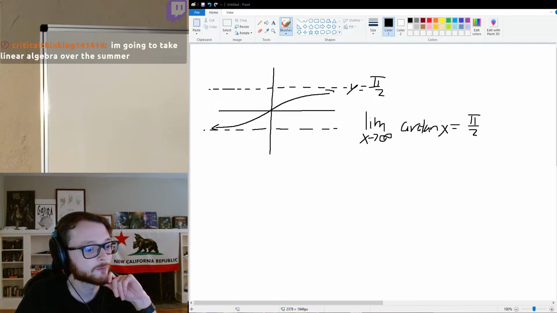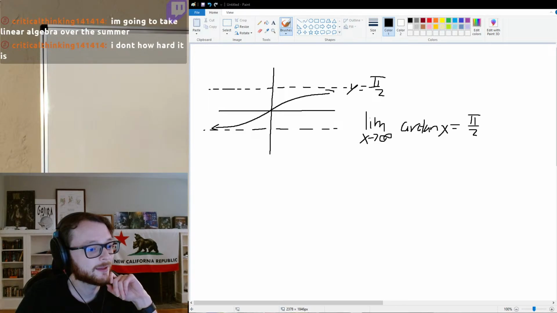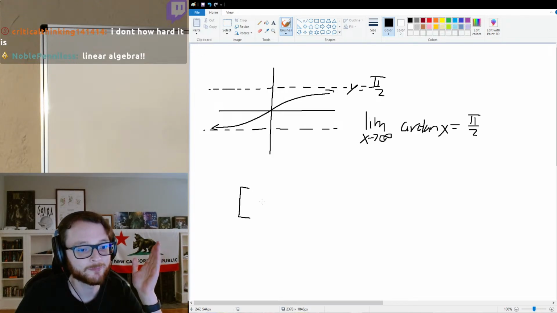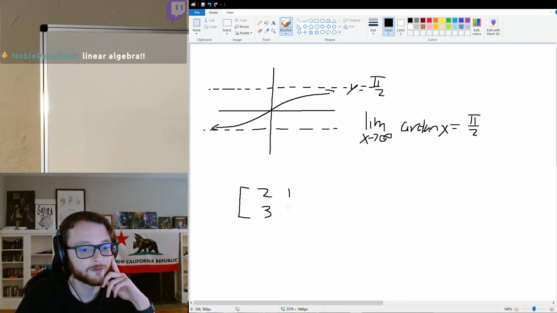You're doing linear algebra this summer. You don't know how hard it is? It varies by the class. Mine was not so bad, but I've had a rude awakening when I've tried to tutor students in linear algebra, and they're doing all sorts of crazy things. The linear algebra that I took started off with just how do you multiply two matrices of numbers?